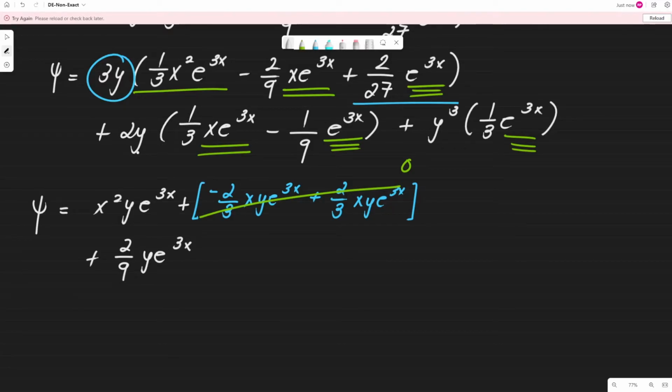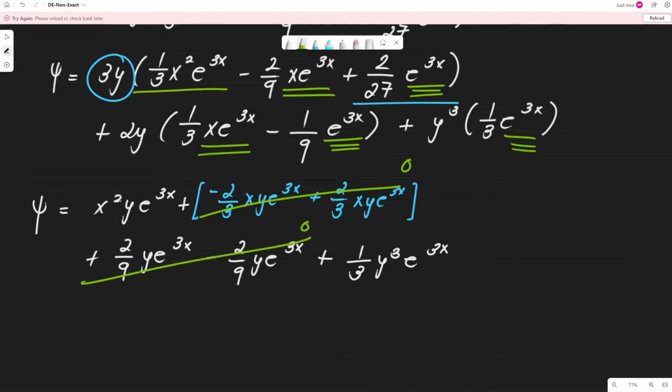Then we have minus 2y times 1/9 e raised to 3x, so that is negative 2/9 y e raised to 3x. Plus this one, 1/3 y cubed e raised to 3x. This one will cancel also, as we can see, this is equal to 0.